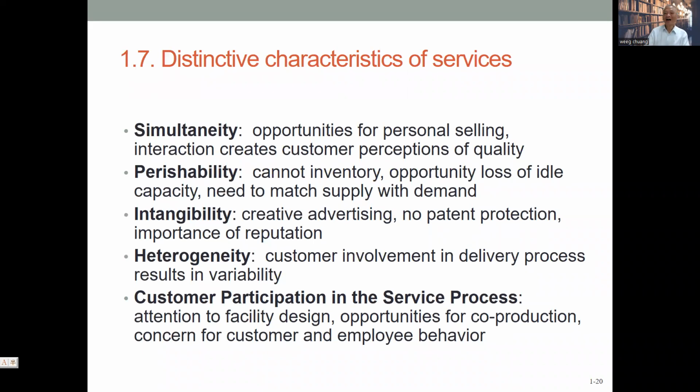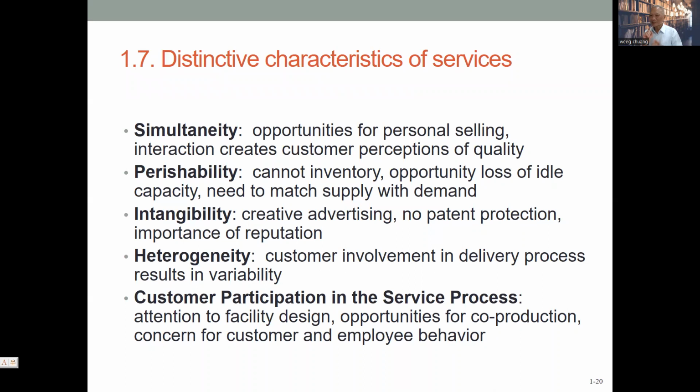The first part is about distinctive characteristics of services. We can summarize the major characteristics of service as compared to physical products. And the first feature is simultaneity. It means opportunities for personal interaction create customer perception of quality.